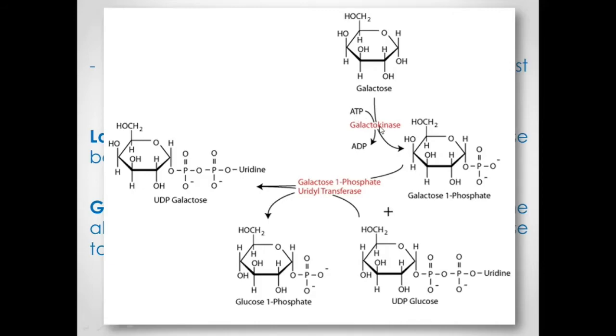You have galactokinase: your galactose will be formed into galactose 1 phosphate by the galactokinase enzyme, and galactose 1 phosphate can be converted into UDP glucose or UDP galactose by this enzyme here, which we call galactose 1 phosphate uridyl transferase.